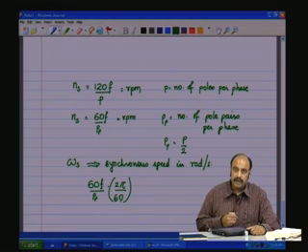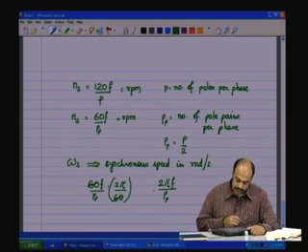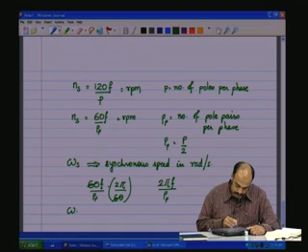Therefore you have 2 pi F by PP, and this F is the applied frequency. So omega synchronous is equal to omega applied by PP.